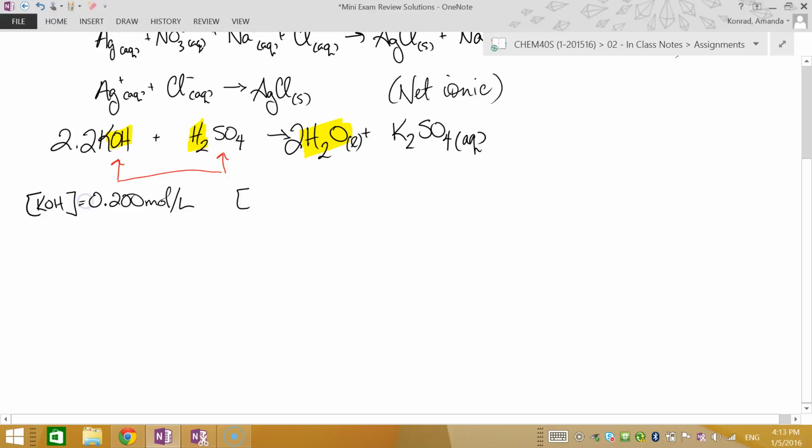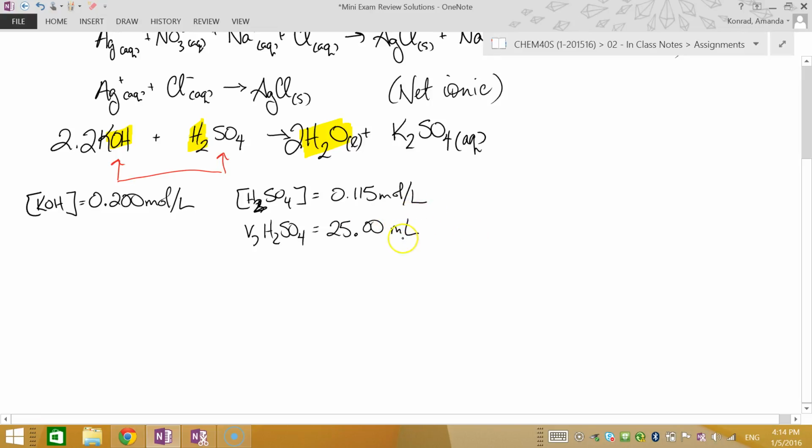And we know not only the concentration of sulfuric acid, which is 0.115 moles per liter, but we also know that we have, I'll write that down, 25 milliliters of sulfuric acid.